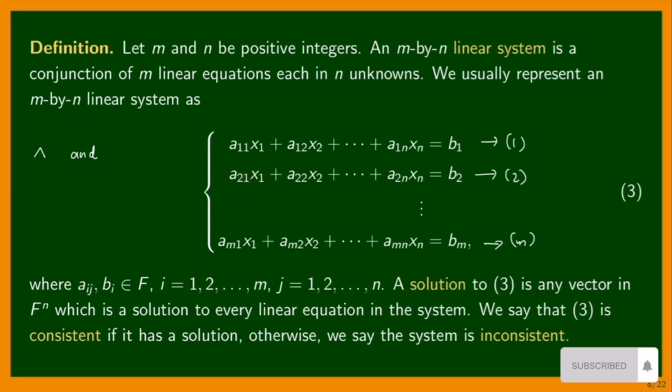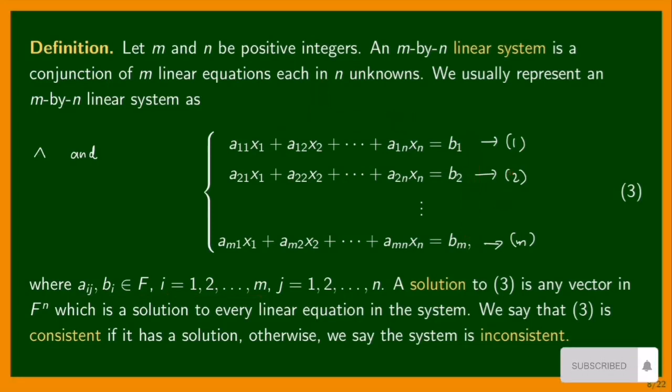Now take note that each of these aij and bi must be constant. Again, when we say m by n, we mean m linear equations, each with n unknowns. So aij and bi are in F, with i from 1 to m and j from 1 to n.